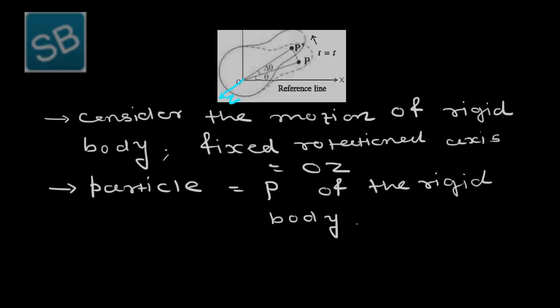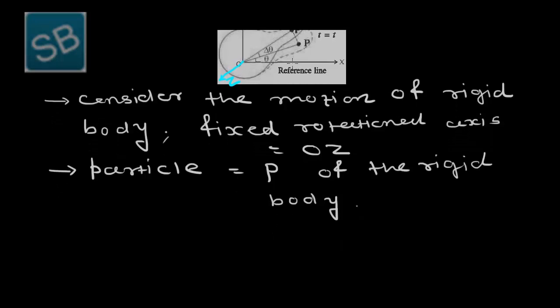Now, at that time, there is an angle made by the line joining it to the center of the circular path O, with a definite reference line.